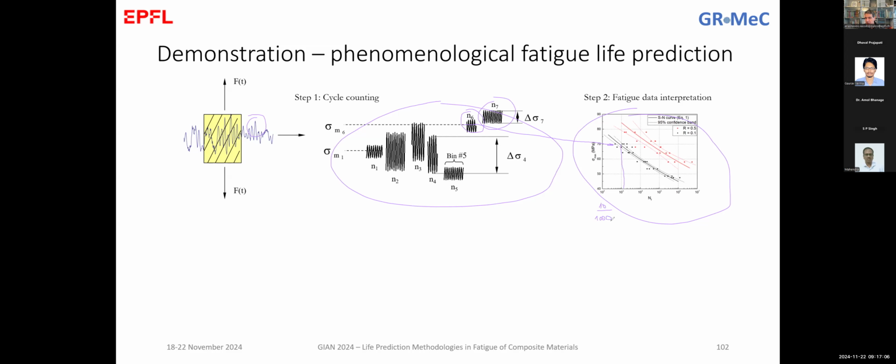This is my partial damage estimated for this loading. I take the second loading, and it might correspond to this SN curve. And for this SN curve, again, I have a certain value for this loading type.